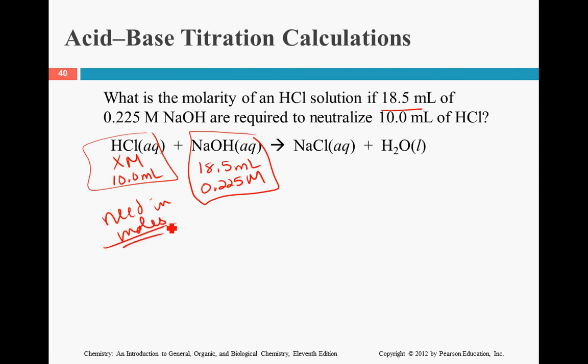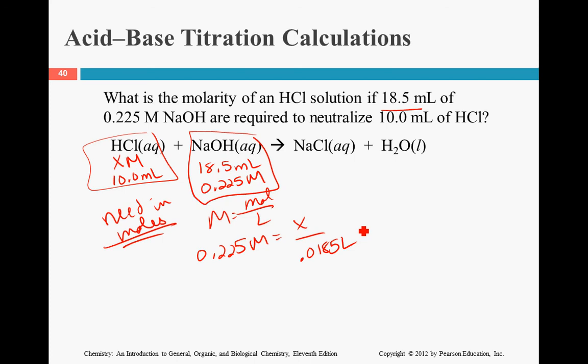From our solutions chapter, we know that molarity is equal to moles over liters. So if we look at the NaOH specifically, we know that 0.225 molar is equal to X over 0.0185 liters when you divide it by 1,000.